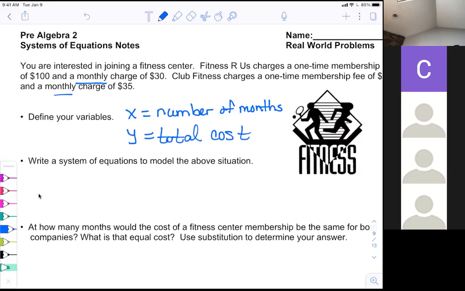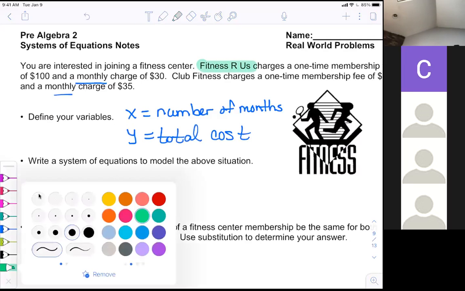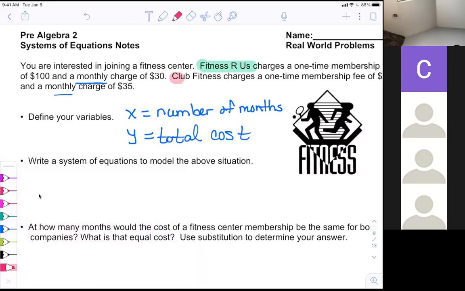The second part says write a system of equations to model the above situation. This system of equations is slightly different because we have two companies that we are going to be comparing. One company is called Fitness R Us and the other is called Club Fitness. When we write our equations, we're going to write one equation for Fitness R Us and a second equation for Club Fitness.